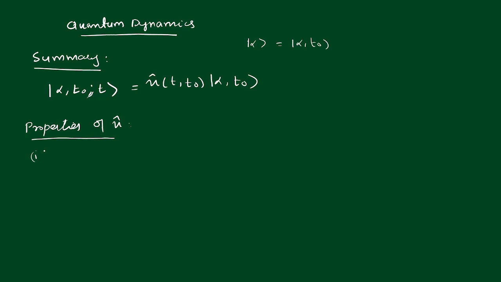So the first property was unitarity. Alright, so based on the idea that probability has to be conserved.